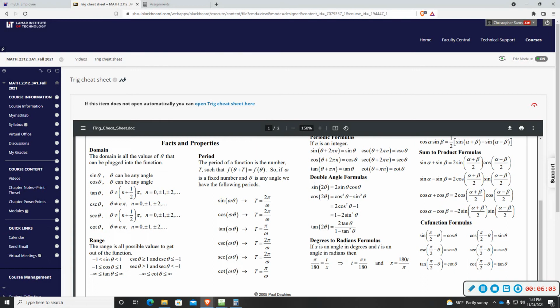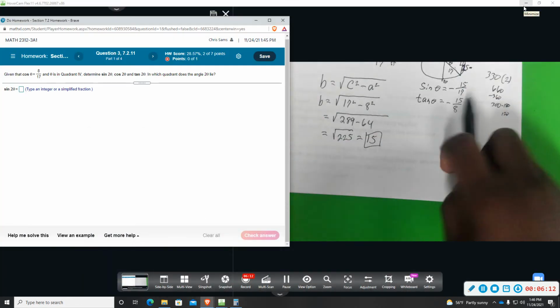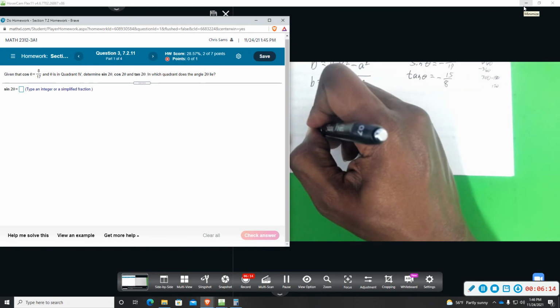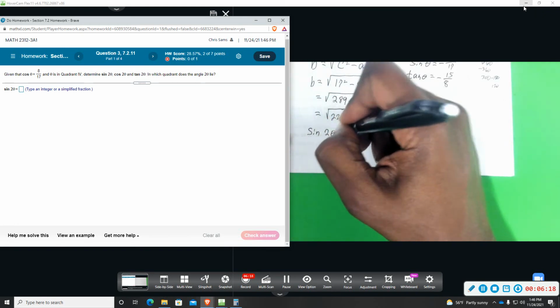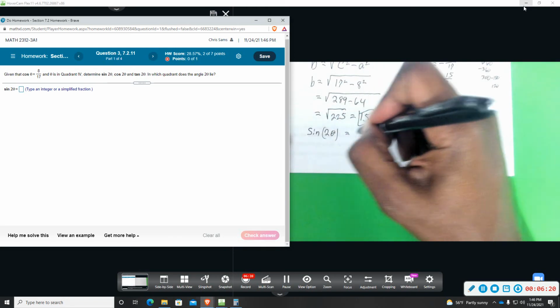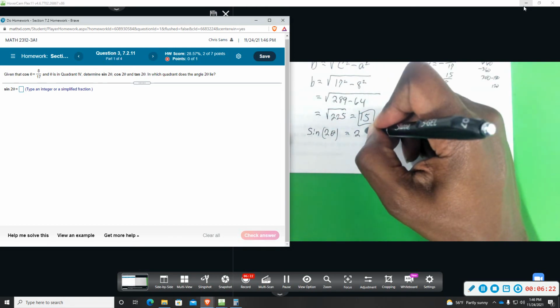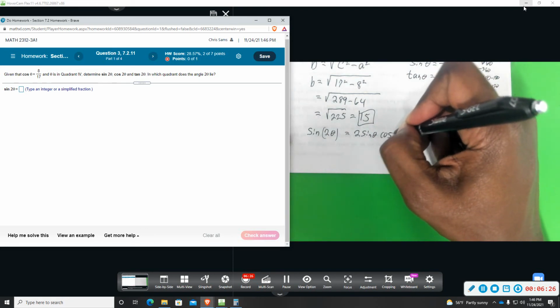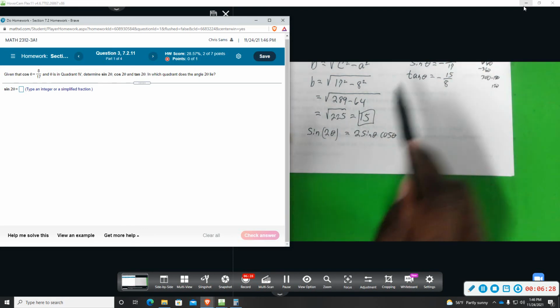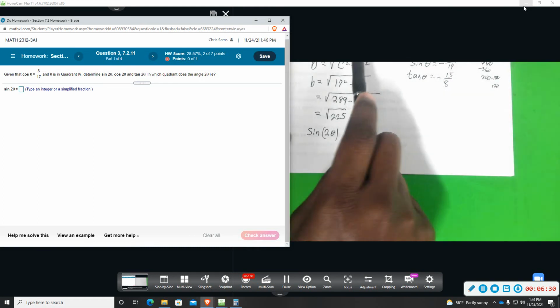So sine 2 theta is equal to 2 sine theta cosine theta. Alright, so we found sine and we were given cosine.